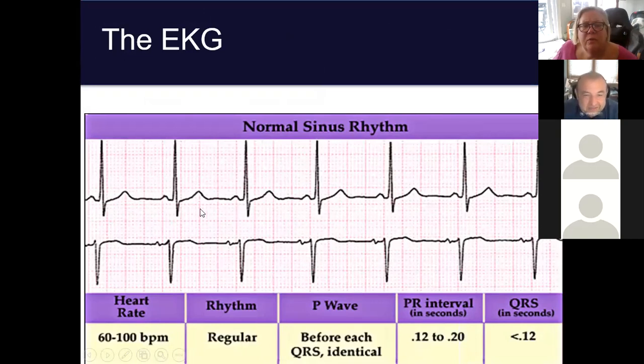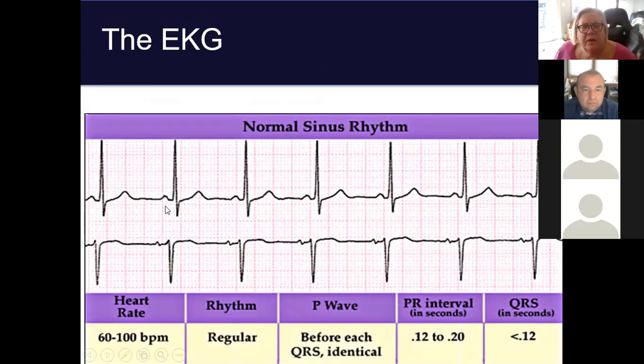So here's our normal sinus rhythm. And again, using our steps, first we want to calculate the rate here. We could use the 300 method. We can count the number of, do we have 6 seconds here? I don't think we have 6 seconds here.